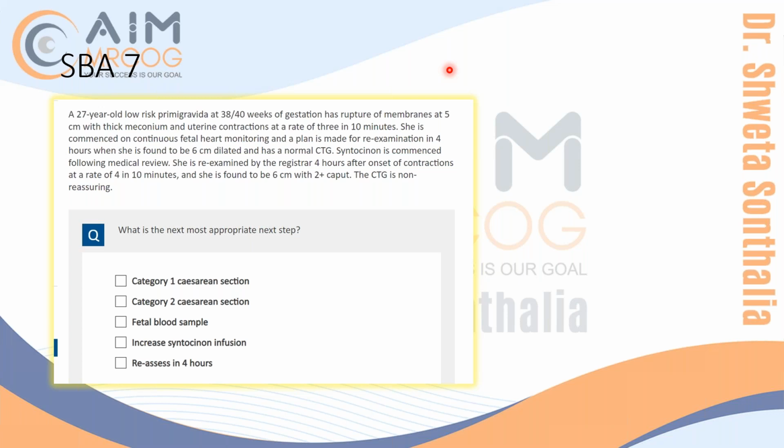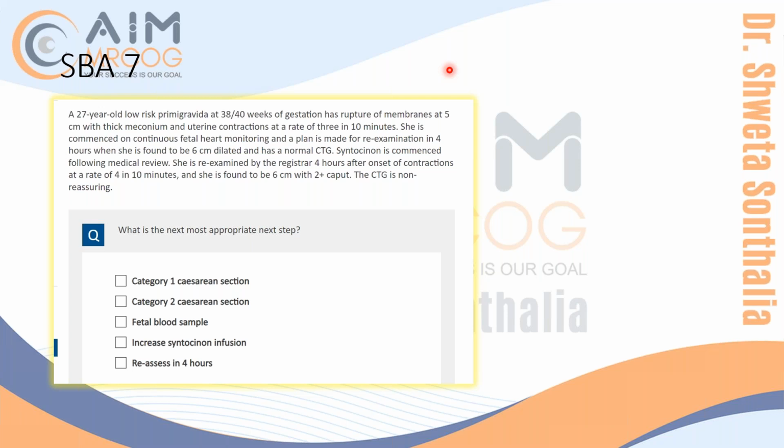So the risk factors here are thick meconium. She was in the early first stage of labor. Contractions were initially less, but later they have said it was 4 in 10 after the syntocinon, so that is okay.